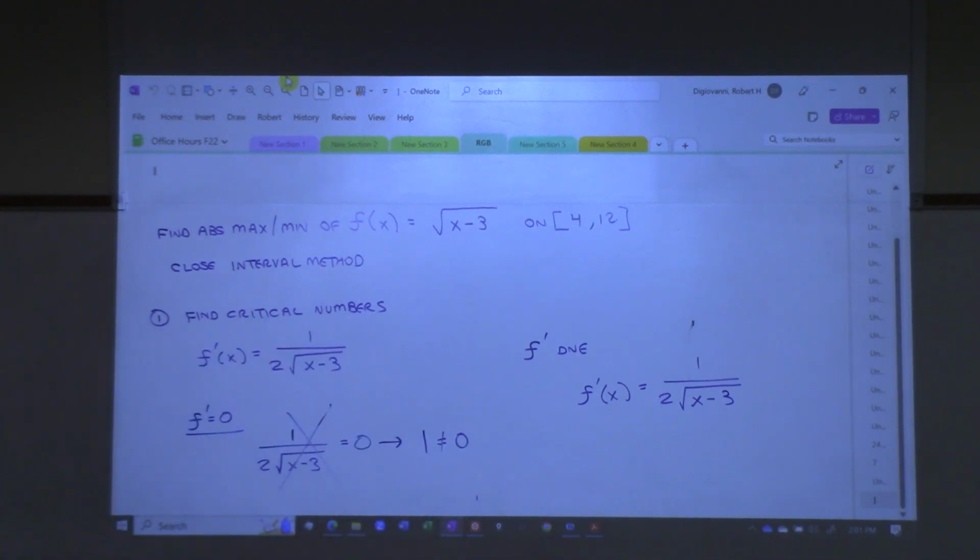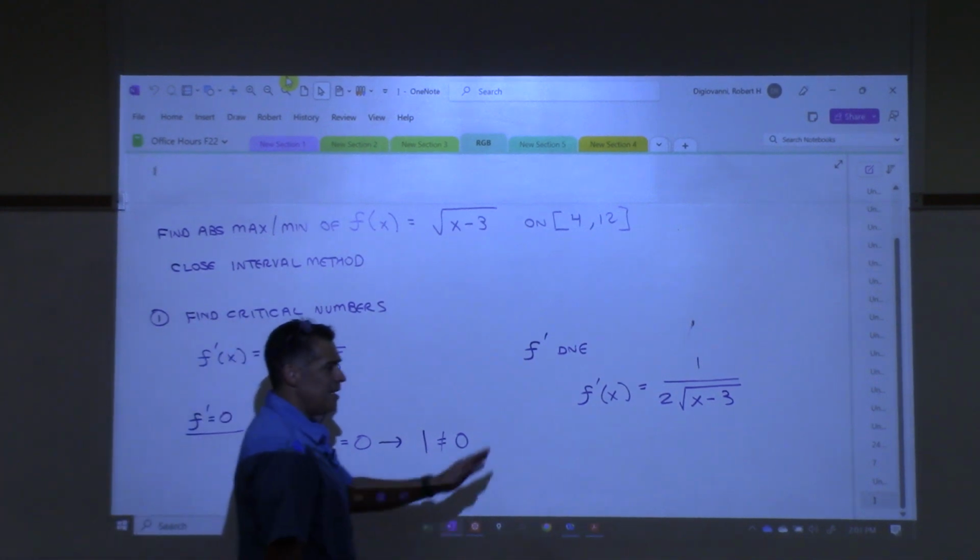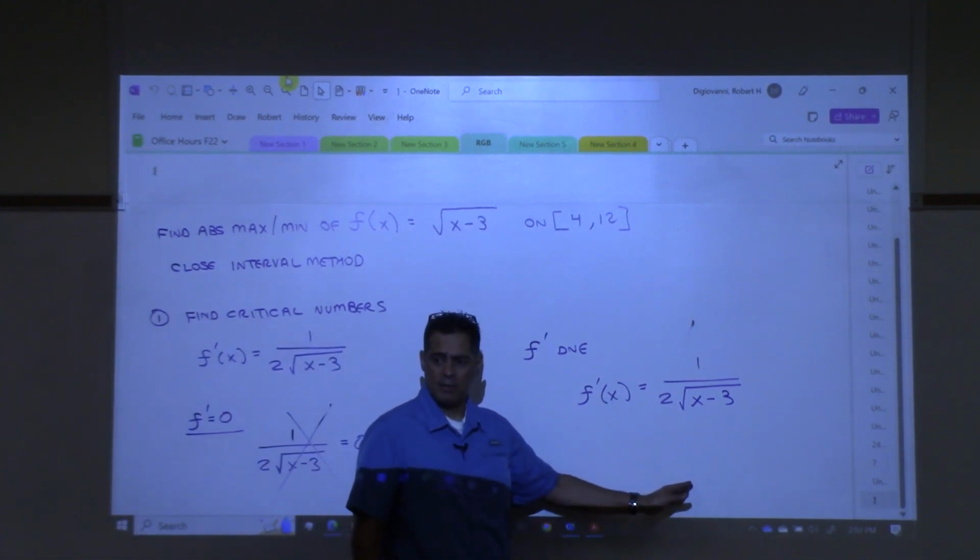Does that ever not exist? When x equals 3. If x is 3, we're going to have a problem. Do y'all see in the bottom we get 3 minus 3 under there, which would give us 0? So potentially 3 is a critical number.